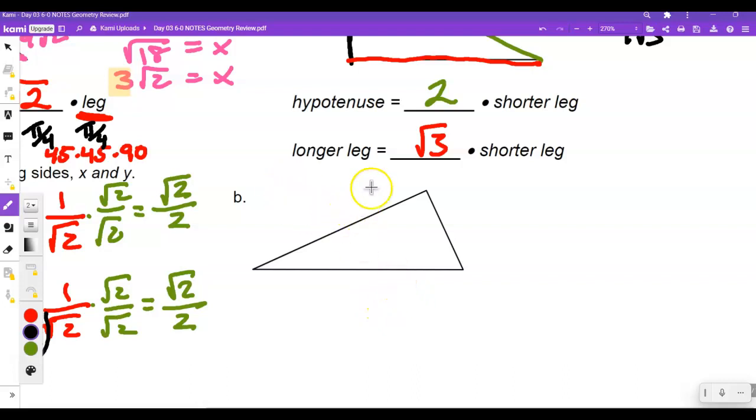All right, so let's do just one practice and we'll get ourselves started. Let's say short is 5. And just find x and y. Yeah, keep it that way.